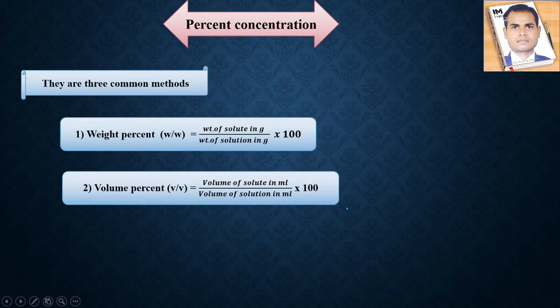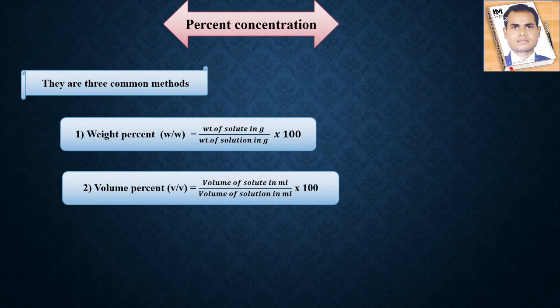If you take a mixture of ethanol plus water and want to calculate how much percent of water is present in that mixture, you can determine it by using this formula. And how can we make 20% ethanol by using water as the solvent?